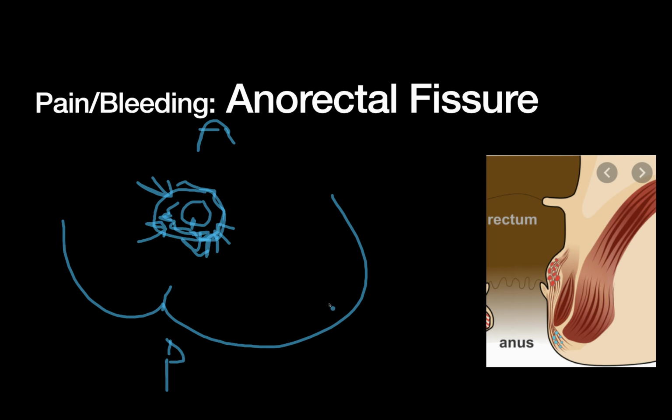And then finally, the surgical option is what's called a lateral internal sphincterotomy. What that means is you go in on the lateral aspect of the internal sphincter and you actually cut the sphincter.